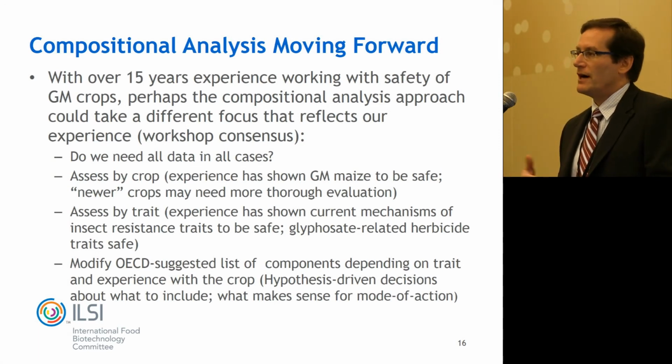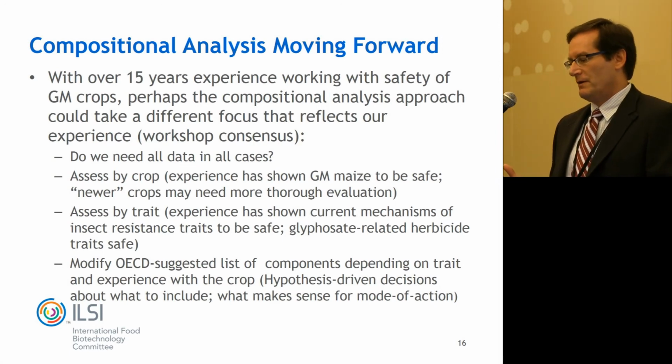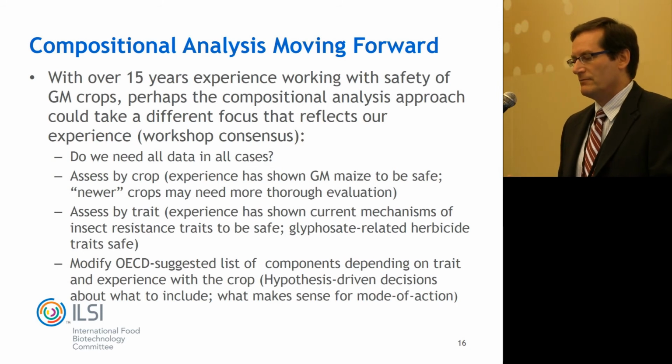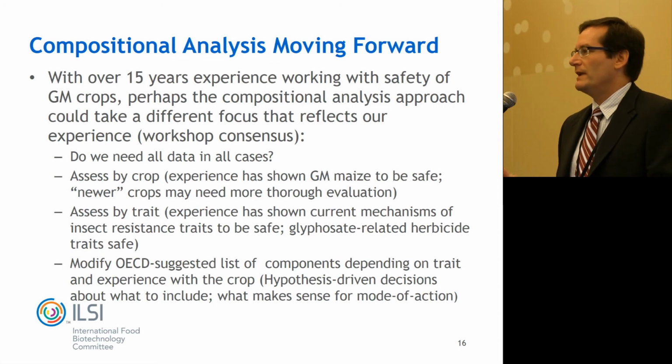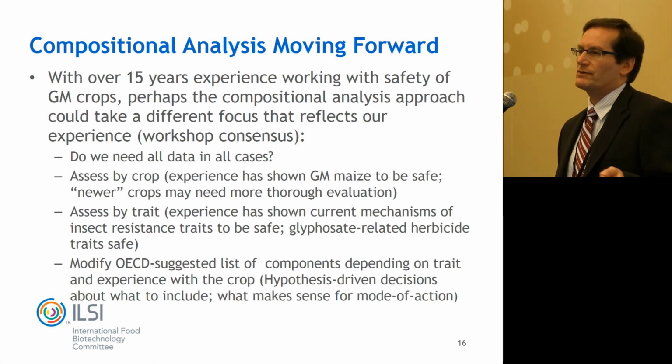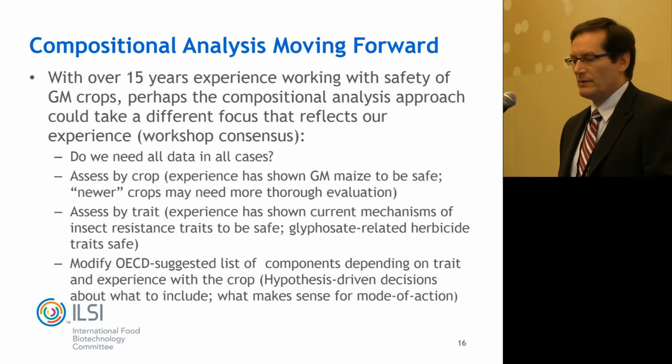When we start working with a new crop, we don't have the experience, maybe we need to do the full compositional analysis. Also the traits, we have a lot of experience with glyphosate-related herbicide resistance, with BT genes, and we've been able to show that those are safe, they're not making the changes. So perhaps when we're dealing with those types of traits, we don't need to scrutinize those as heavily as, say, a completely novel trait, which may need more scrutiny until we learn more about it.